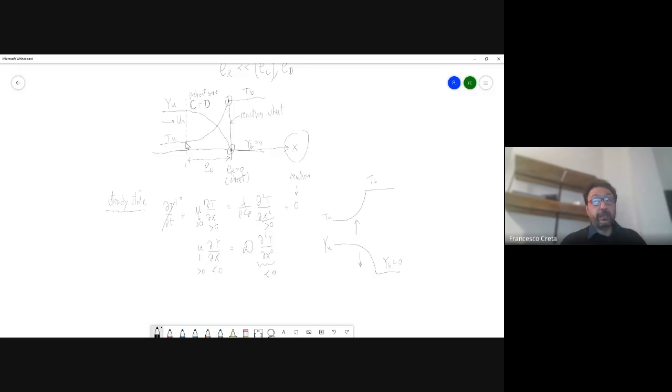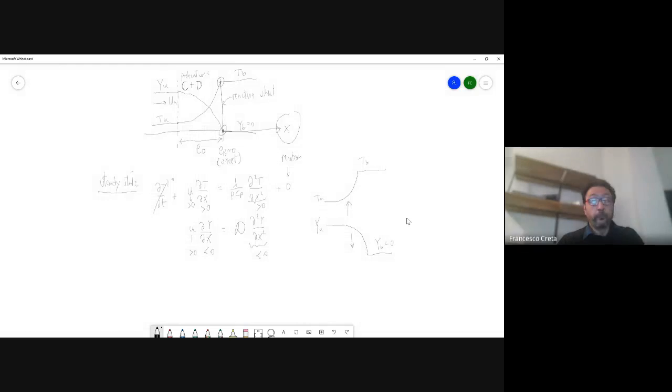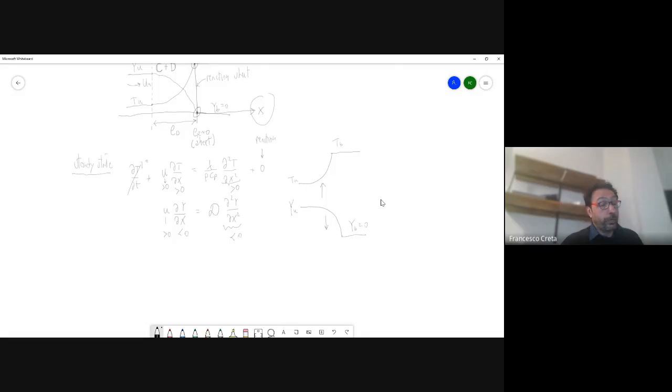Let's see what else we can see. Well, remember that by Fourier, essentially, we can use the flux and temperature. Usually it's Q, right?